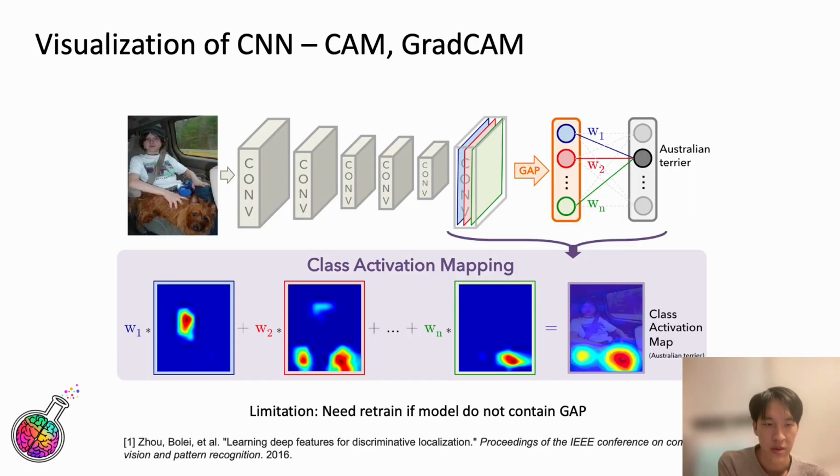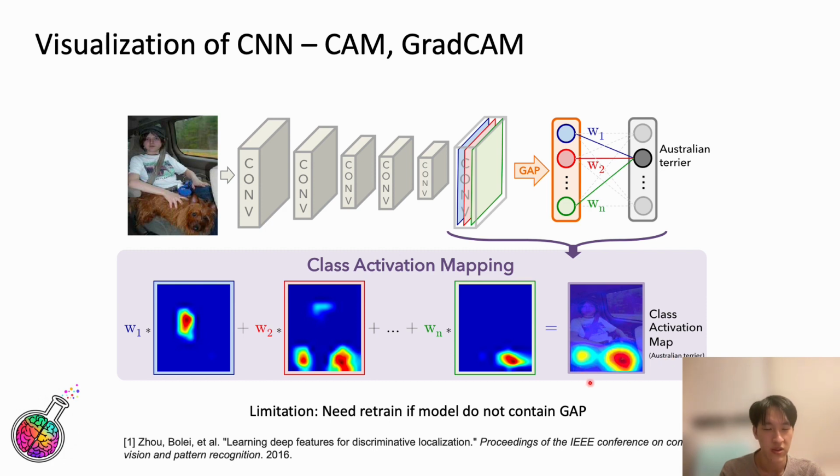The next group of people introduced two methods called CAM and Grad-CAM. In CAM, we first input the image into the convolutional layers and get a bunch of feature maps. After inputting the feature maps into global average pooling, we get the weight of each feature map. When we apply the weights to the feature maps, we get the class activation map.